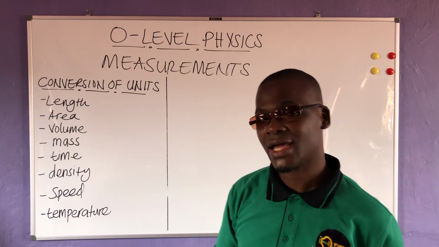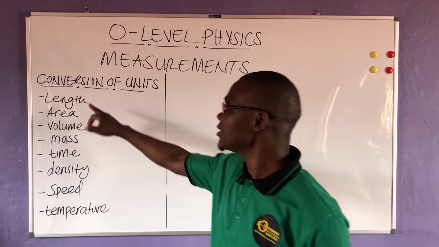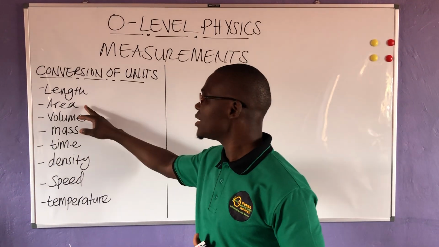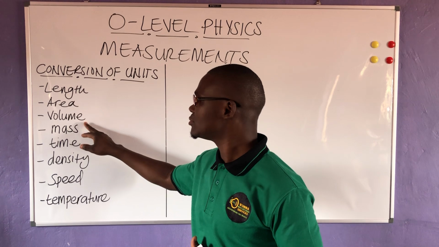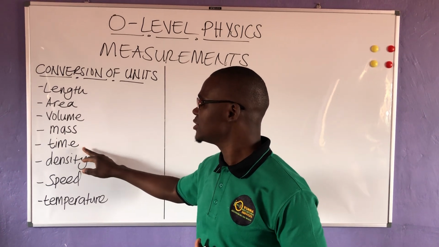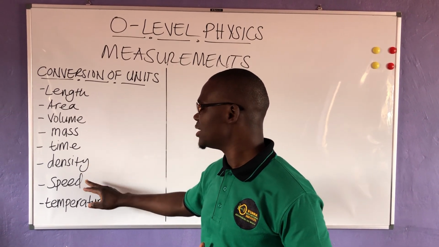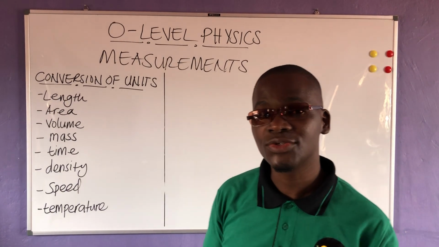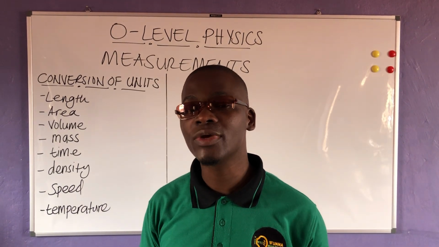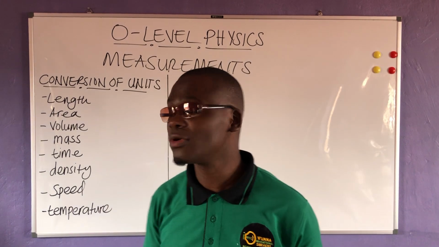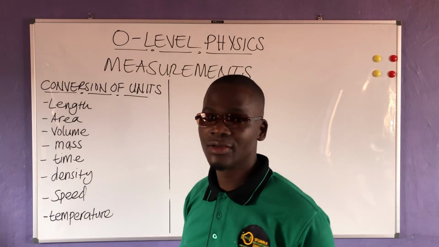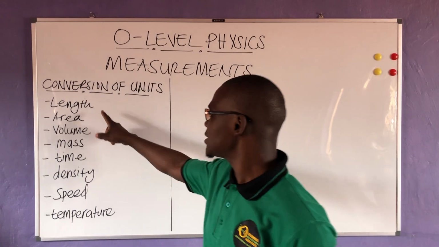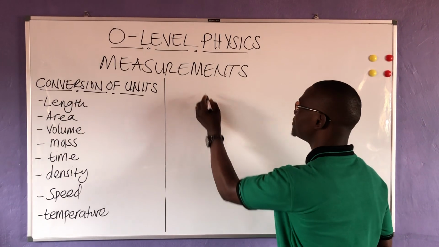How do we convert units of length from one to another, the units of area, volume, mass, time, density, speed, and temperature? So our discussion today is all about how we convert units of these quantities from one to another. So let us start with the length.